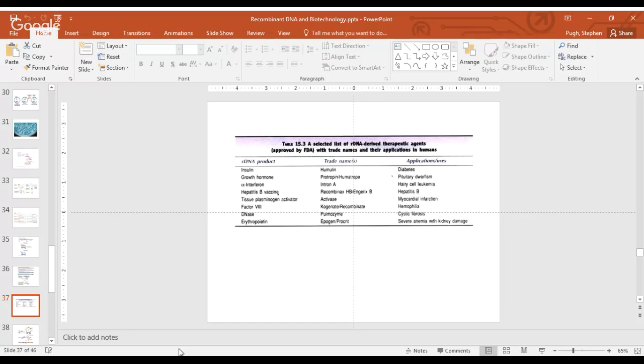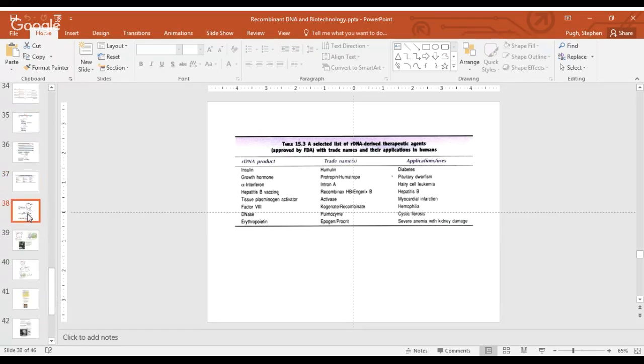Blood clotting factors can be produced for people that have hemophilia. Various kinds of enzymes that are necessary to treat someone with cystic fibrosis. All sorts of diseases now can be treated by using this technology. So this is one very important and very useful outcome of the whole biotechnology industry, is to produce proteins that can be used to treat various kinds of human diseases.